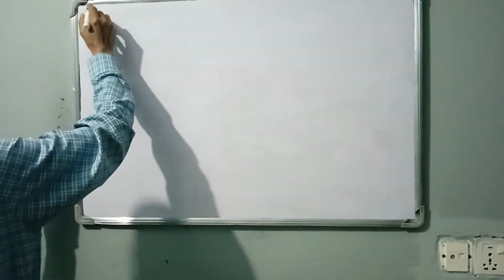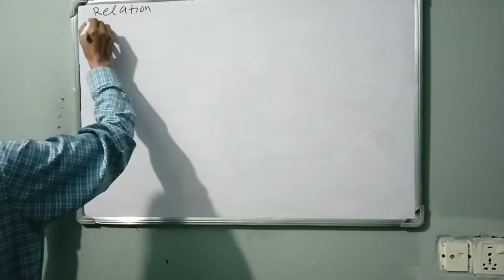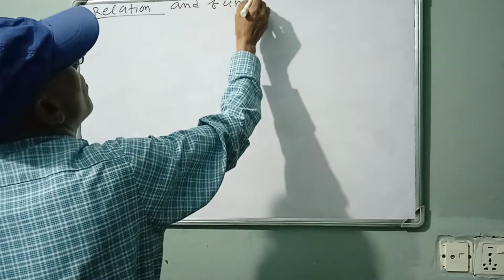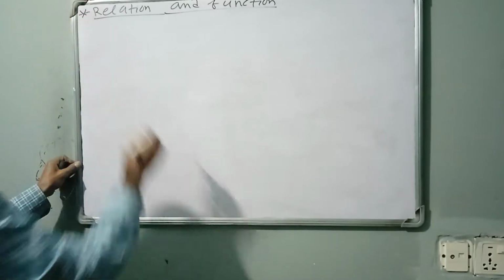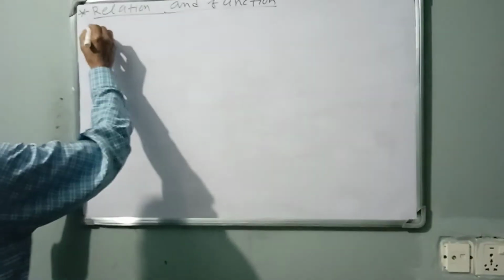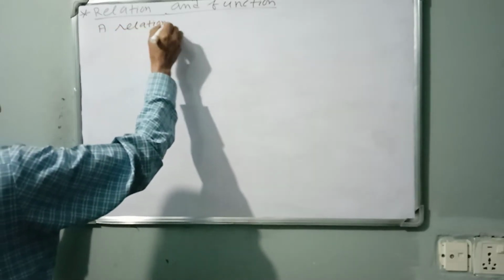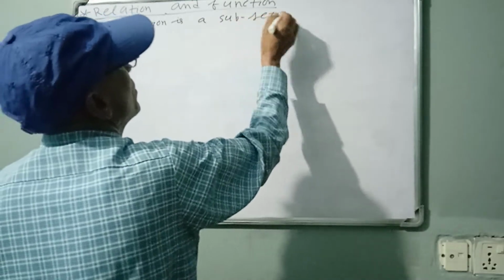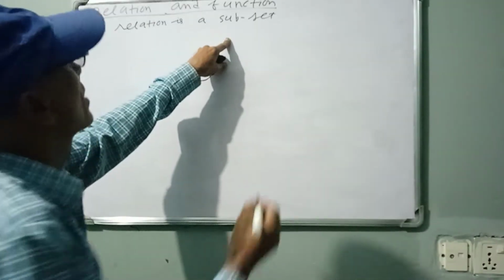Now, relation and function. What is a relation? What is a function? A relation is a subset. Subset means a small part of a set.